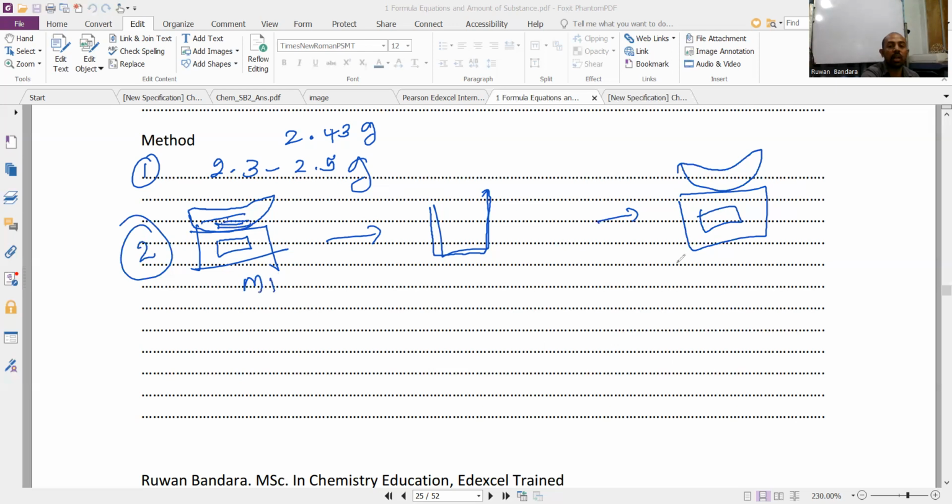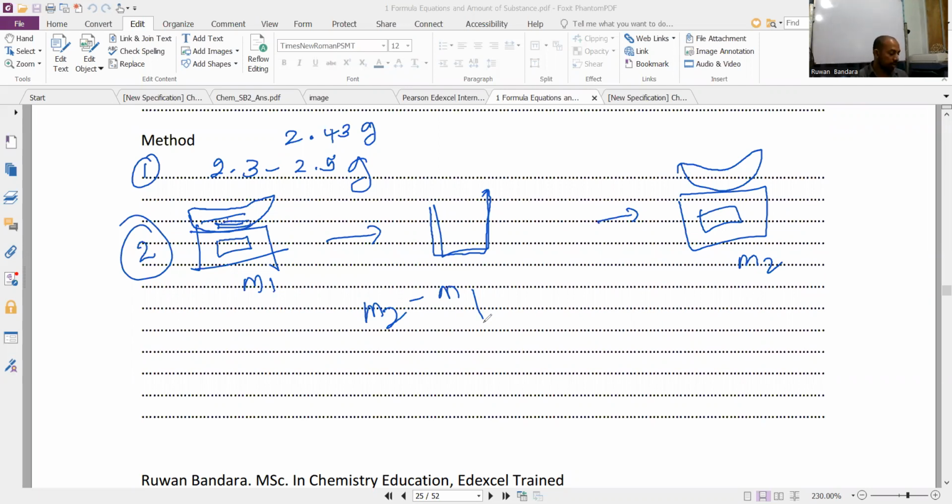So this is M1 and M2. Mass of the solid added will be M2 minus M1. That's why you can't use the beaker. This is because some amount of solid will remain on the walls of the container. Therefore, the subtraction gives you the exact amount of solid that you have added.